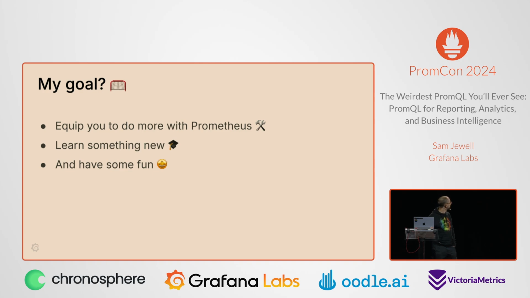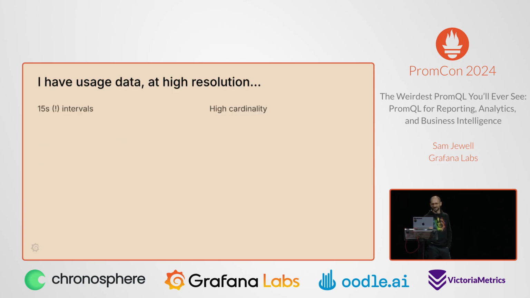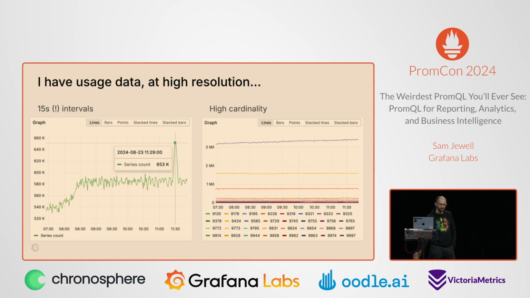So my goals for the talk are to equip you to do a bit more with Prometheus and hopefully learn something new about PromQL and have some fun doing it if we can. So specifically, I've been looking a lot at usage data.